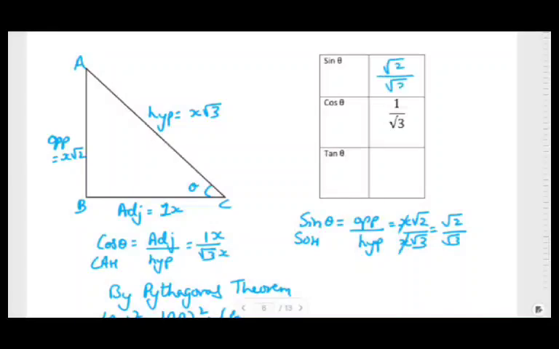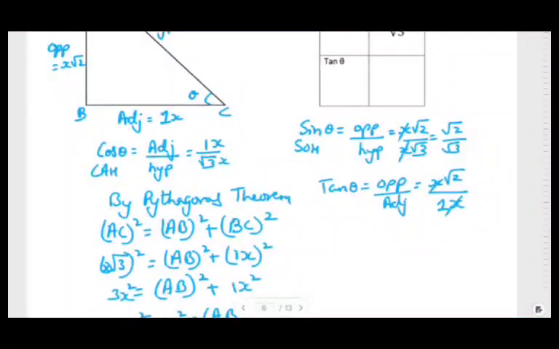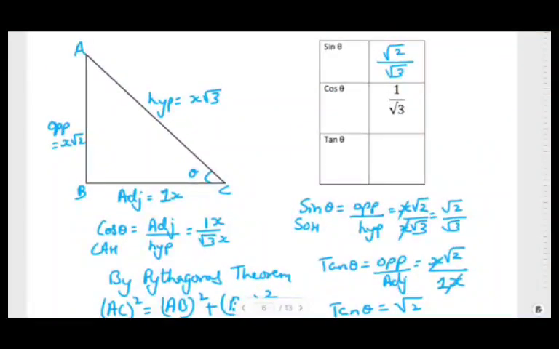What is my tan theta now? Opposite upon adjacent. What's my opposite? X root 2 upon what's my adjacent? 1x, x cancel. Tan theta value is root 2.